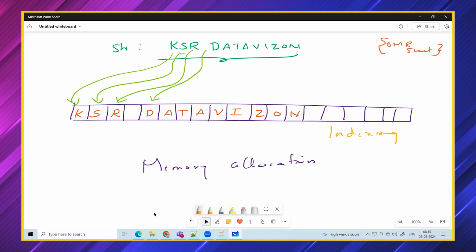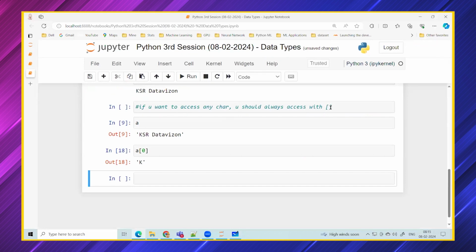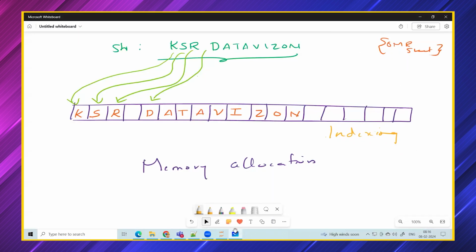Indexing means you're pointing to that element, and here it goes 0, 1, 2, 3, 4, 5, 6, 7, 8, 9, 10, 11, 12. On top of that memory allocation, you will be given one address, that is nothing but 0, 1, 2, 3.